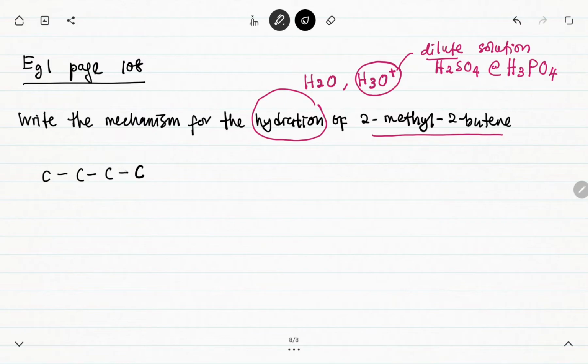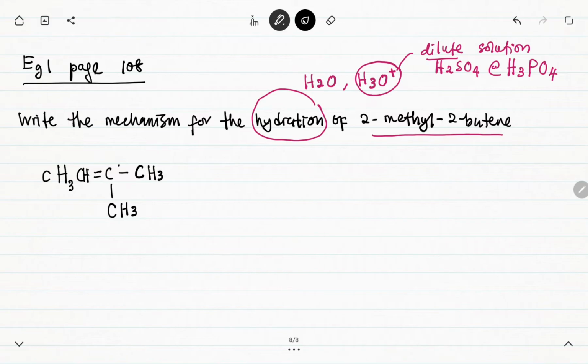The carbon double bond is located at carbon number 2, and carbon number 2 also has a CH3 group. Fill up the hydrogens to ensure all the carbons achieve octet. So this is CH3 and this will become CH. The carbon here cannot have a hydrogen. So this is the structure of 2-methyl butene.